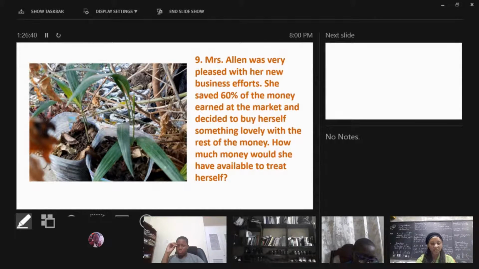She saw the opportunity, she took the kernels, she planted them, she tended to them, and she got her sprouts, she got her little palm trees, and she sold them, almost all of that batch that she brought. So she's congratulating herself and she's treating herself. How much money will she have to treat herself with?